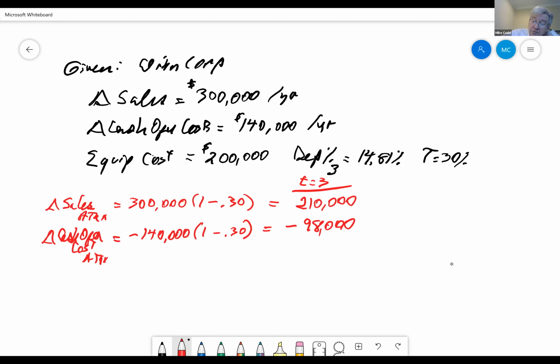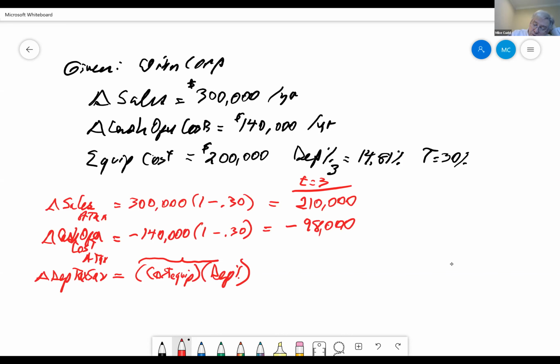And then we'll have the depreciation tax savings for year 3. The depreciation tax savings will be the cost of the equipment times our depreciation percentage.